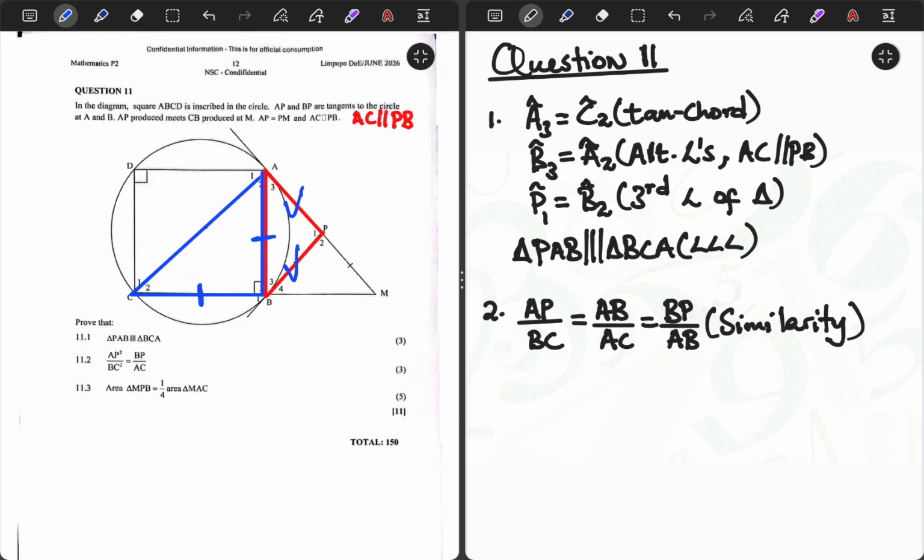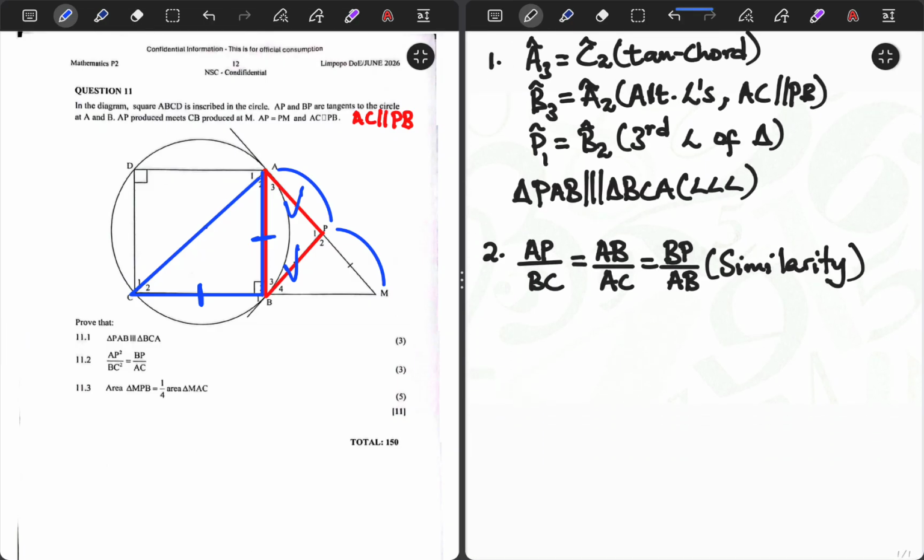Then the second one I want us to do is another possible way. Let's say AP over PM. Let's see where it's going to land us.